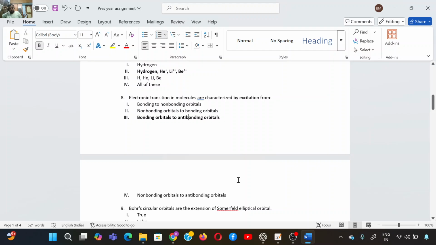So it can go from bonding to anti-bonding, right? Because bonding is where there is electron density, and anti-bonding, there is no electron density. So from here to here it can go.